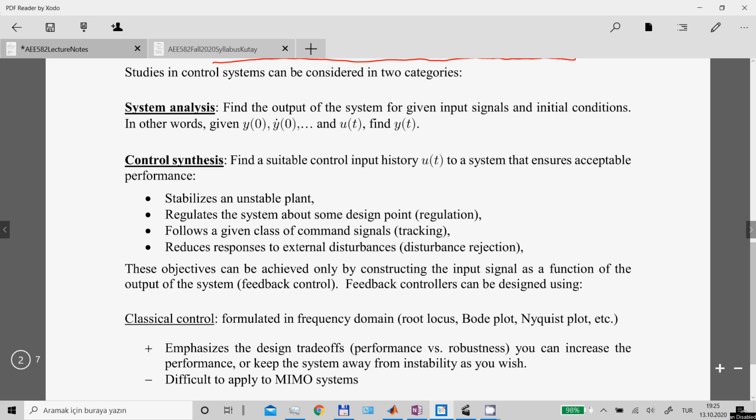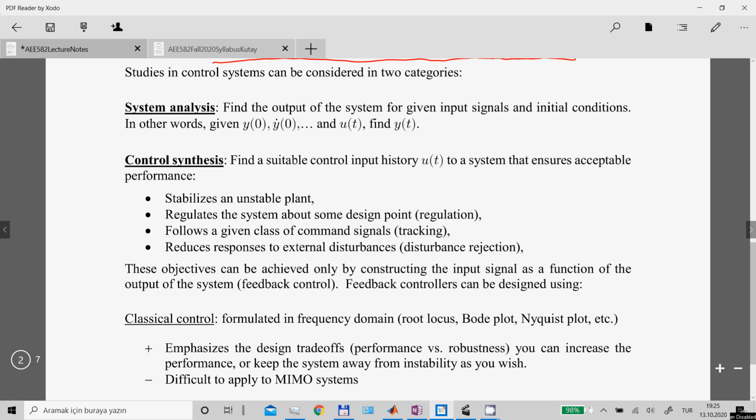So while doing that, these are the things that we consider. Well, obviously, first of all, we want the system to be stable. Before everything else, we almost always want a stable closed loop system. So that's the main goal in our control design.